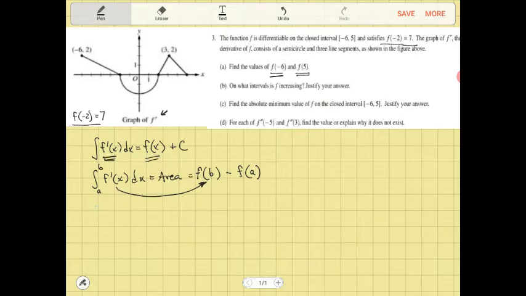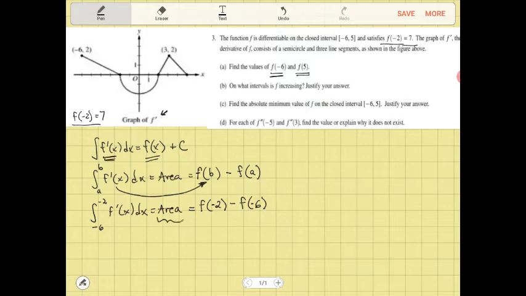So in other words, we want to find f of -6. If I go from -6 to -2, I can easily find the area from the picture, and that area is going to be equal to the function at -2 minus the function value at -6.